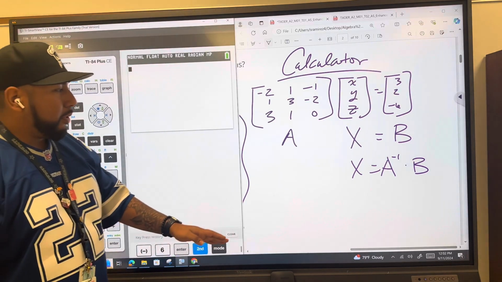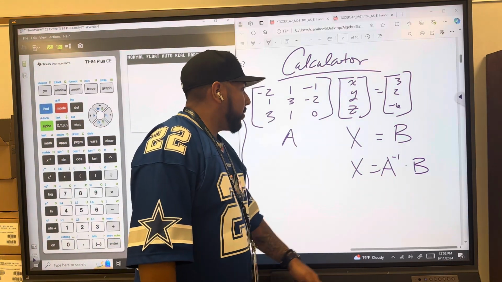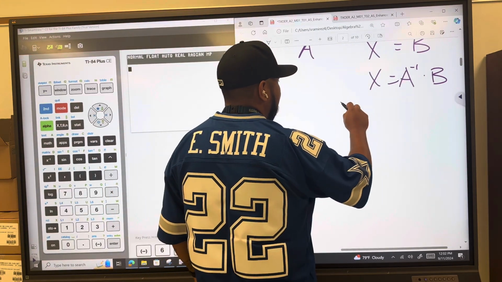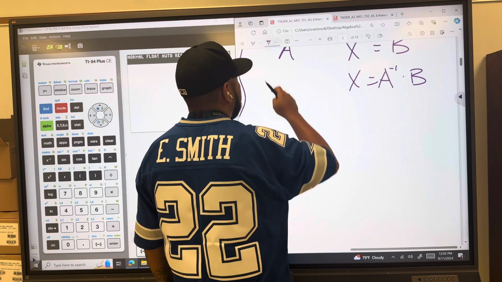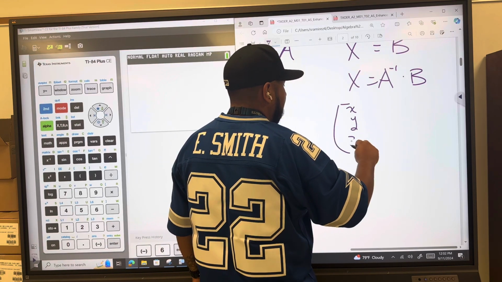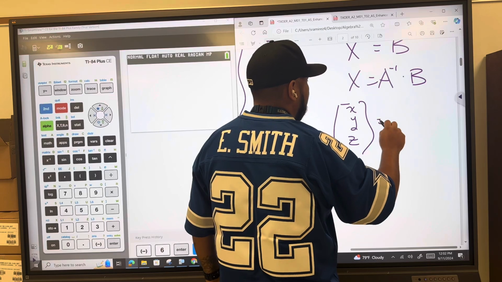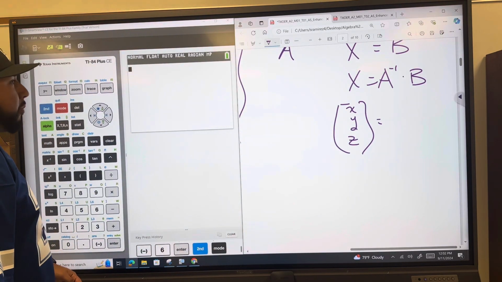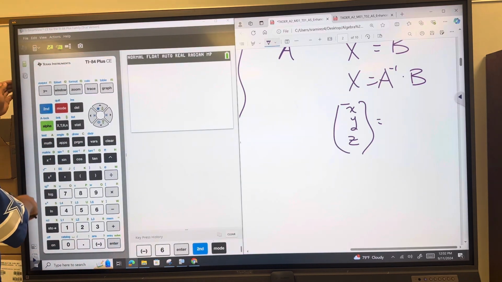I don't need to worry about this piece, the X equals, so let me just rewrite it. So we're about to find out what it is. My unknown of X, Y, Z equals the multiplication of A inverse. So how do I put that?